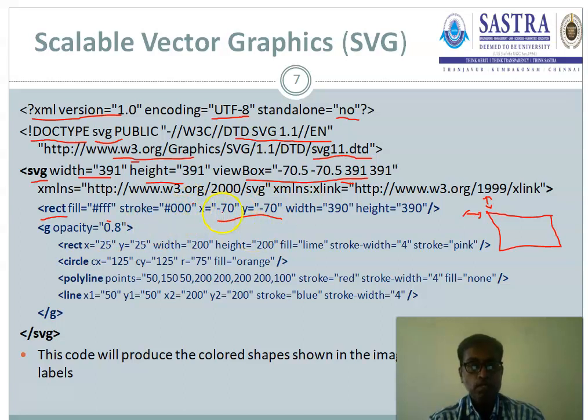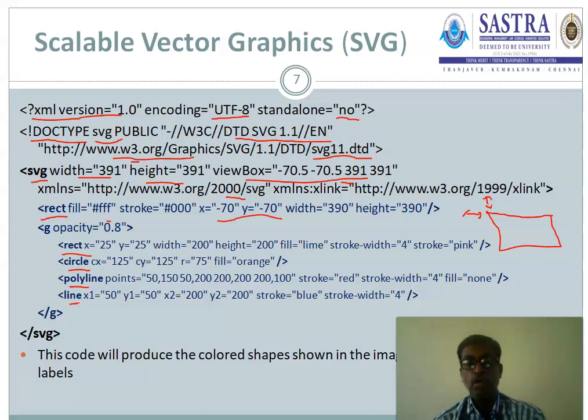Rect, circle, polyline, line. Based on the shapes, we can have different parameters. So for a circle, we need center and radius. Fill is orange. For a polygon, the number of sides, we can give values.